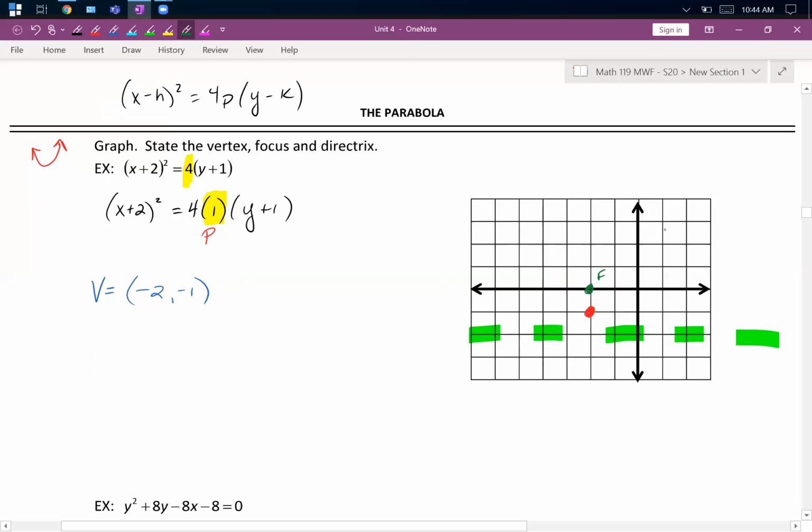To get the actual width of my parabola from my focus, I'm going to go 2p units, in this case, side to side. So 2 to the left, 2 to the right, and now that I have these 3 points, that's all we need to draw in our parabola. There we go.